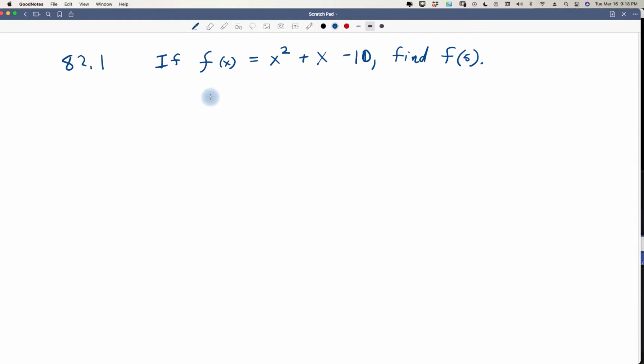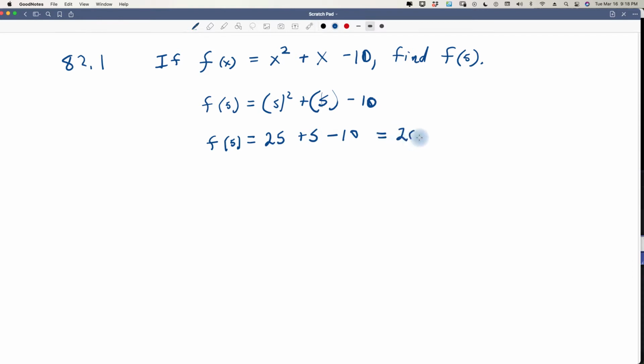So all we do is we come over here and we say f of 5 equals, we put in our buckets, we put 5 in, and we solve it. So f of 5 is 5 times 5 is 25, plus 5 minus 10, that's 30 minus 10, that equals 20. Easy peasy. That's all there is to it, ladies and gents, if there are any gents out there.